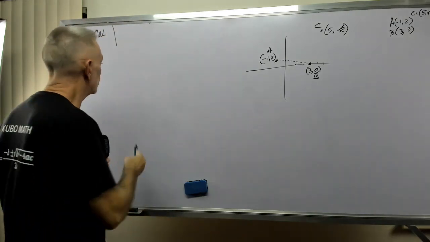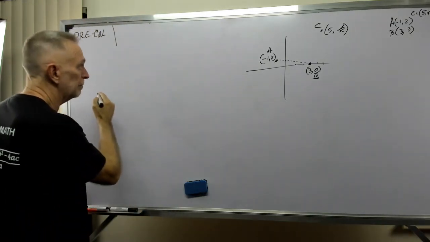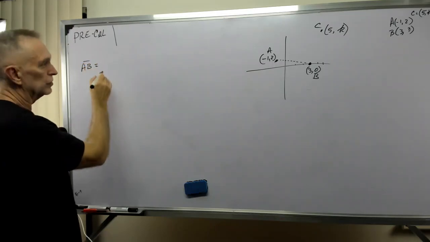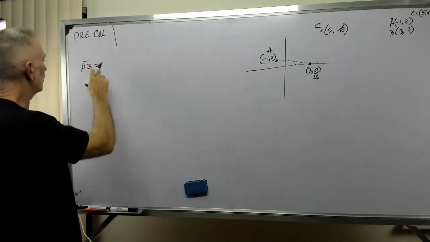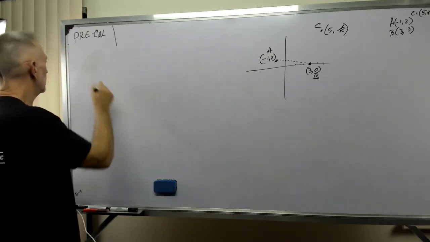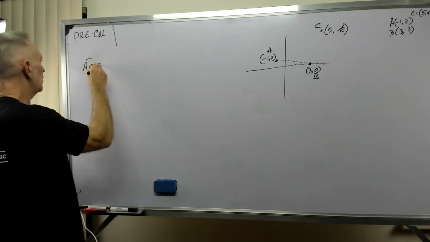Okay, so what does that mean? That means the segment AB equals, I'm sorry, not AB, AC equals BC. So AC equals BC.